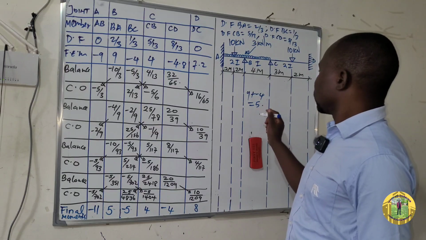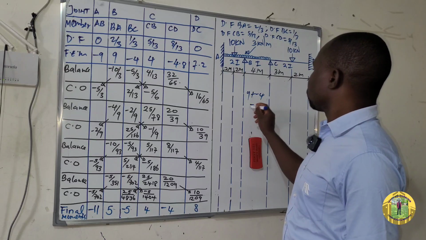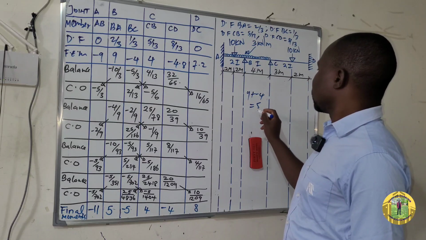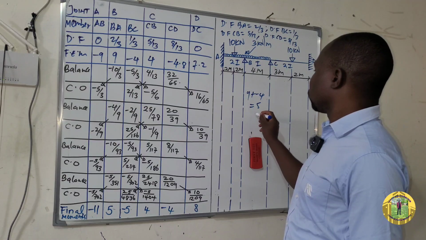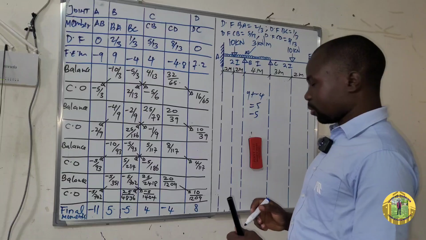So to balance, this value is positive, +5. So change the sign from positive to negative, and the value remains: -5.